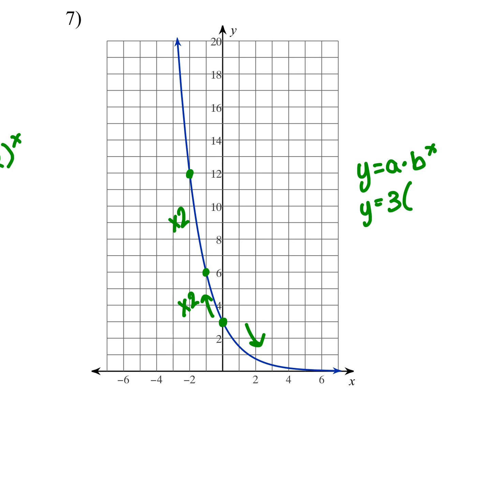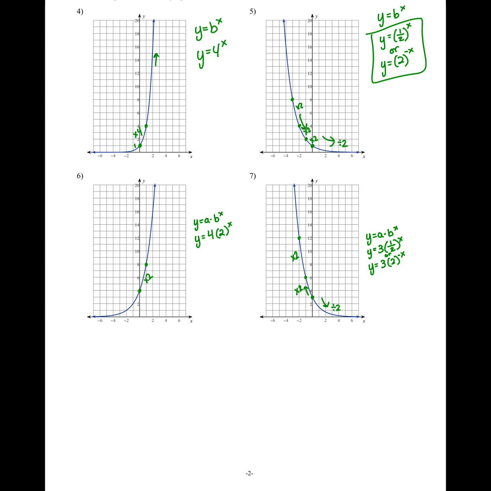But since we have decay, I take its reciprocal, and I'm cutting my values in half, or dividing by 2, as I move to the right. Now I could also keep it as a 2, but make that a negative exponent, and those two mean the exact same thing. And that is how you write equations given graphs, and I hope this video has helped. Thanks, guys.